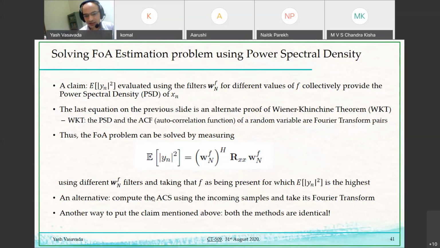Not only will you get the same answer, but in terms of computation also, you are doing exactly the same thing. Seems hard to believe, but that is how it is. That is why I put that proof of the Wiener-Khinchin theorem on the screen.